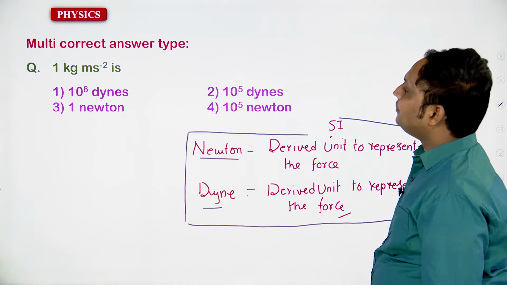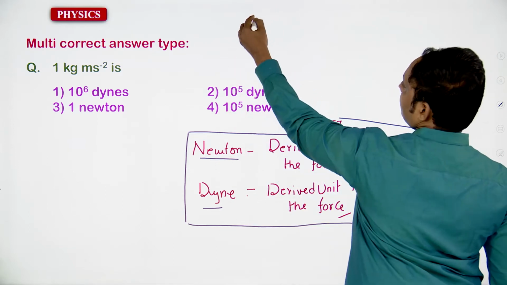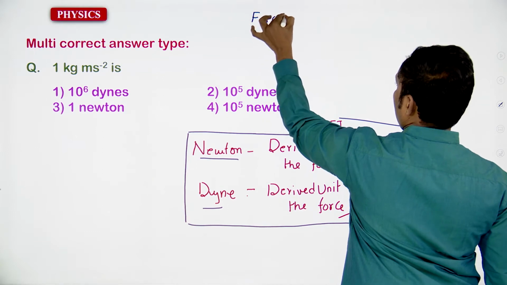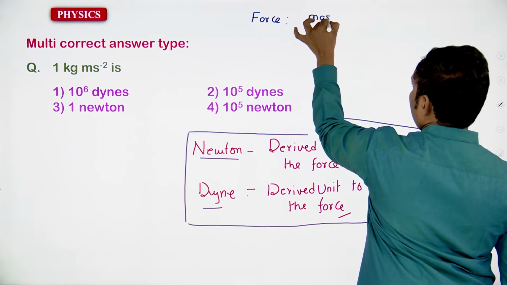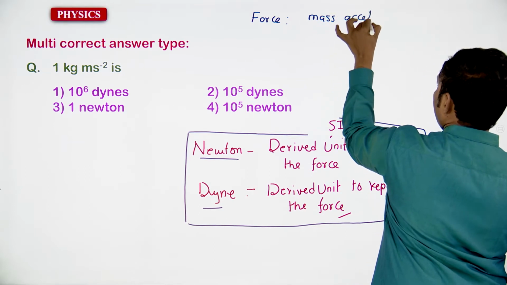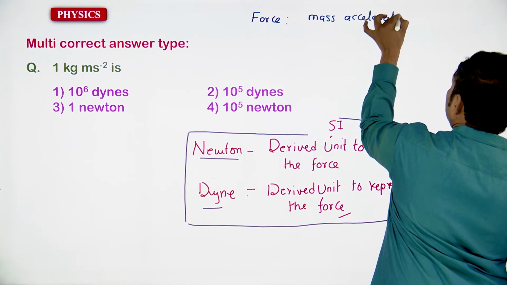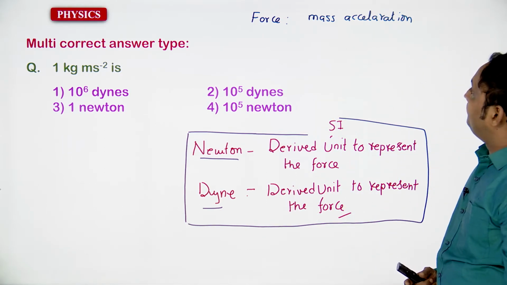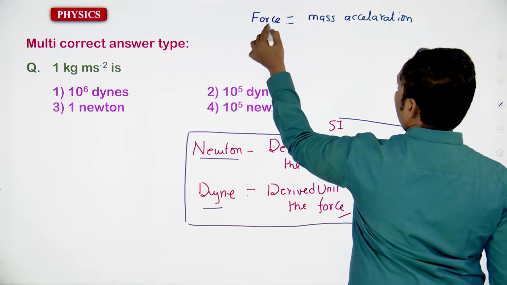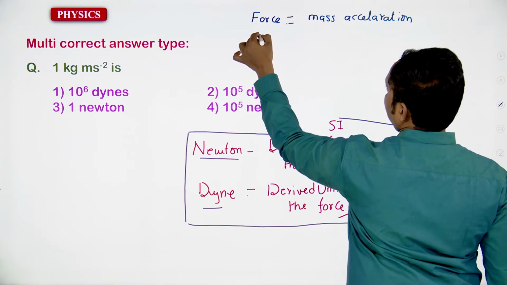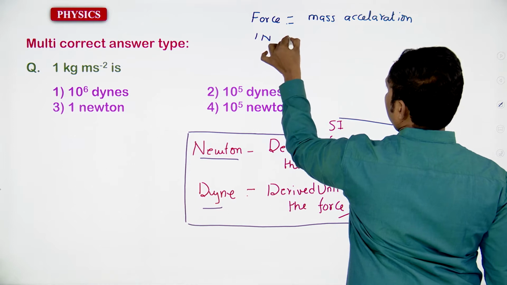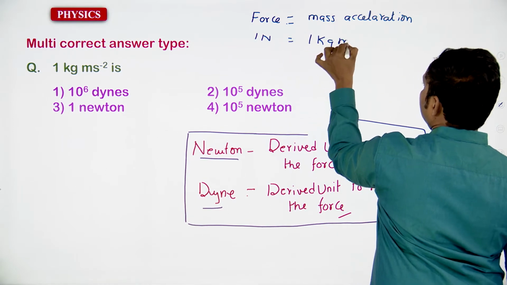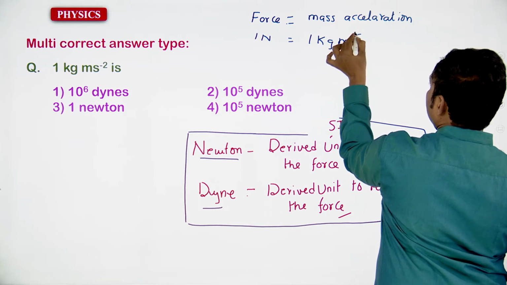Now take this one. You know, force is mass into acceleration. It's very clear, you all know about this. 1 Newton is equal to 1 kg meter per second square.